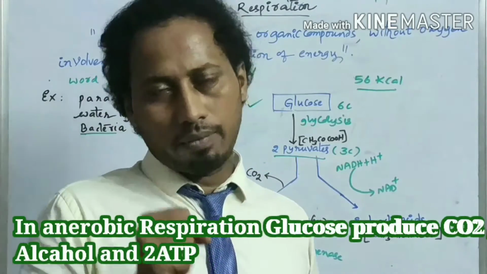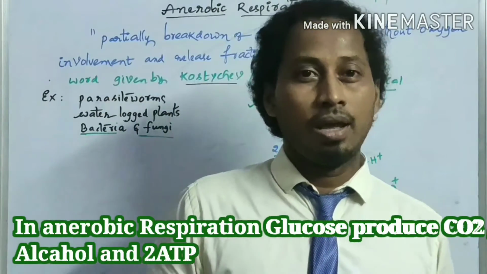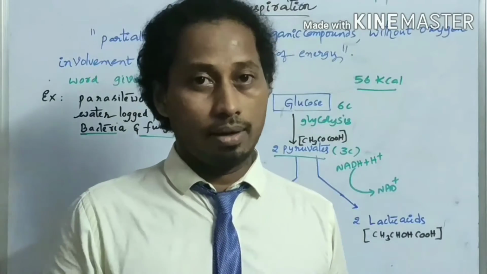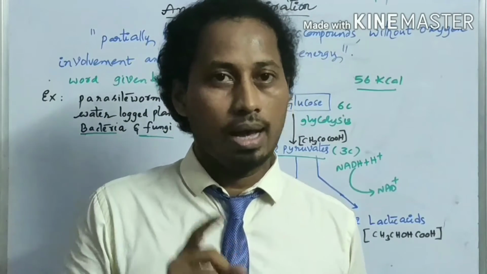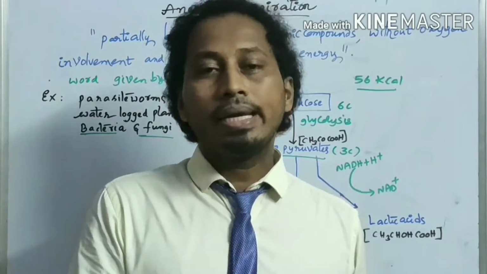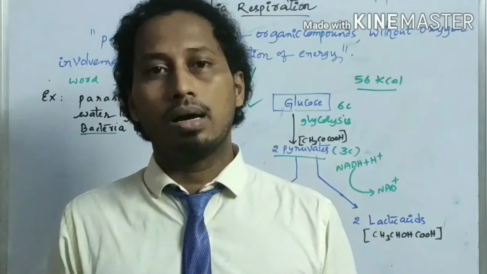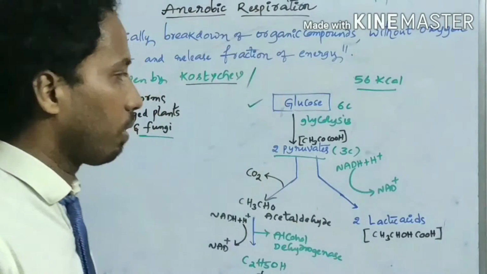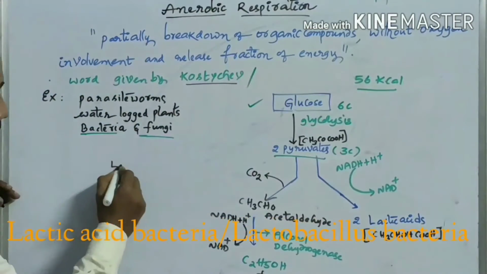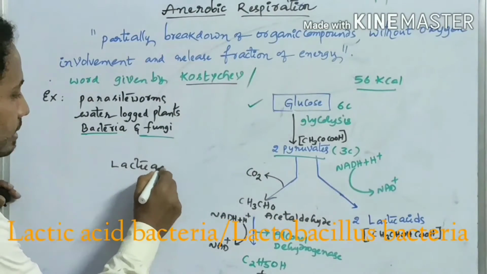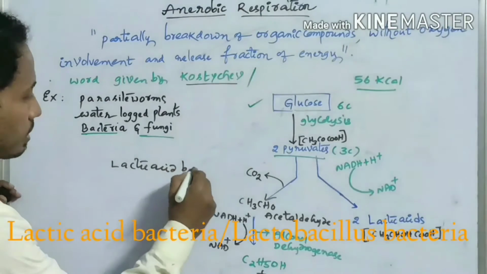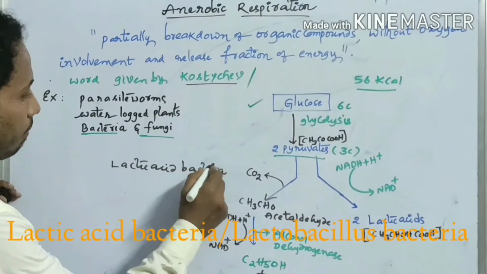We often see fermentation in our homes when we make curd. I hope you all observed it. When we use milk, it becomes curd because of one bacteria called lactic acid bacteria. This is a wonderful phenomenon.